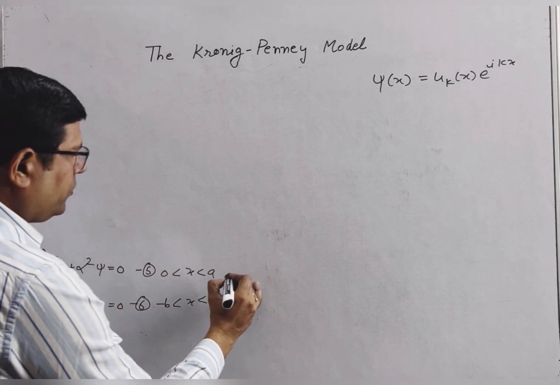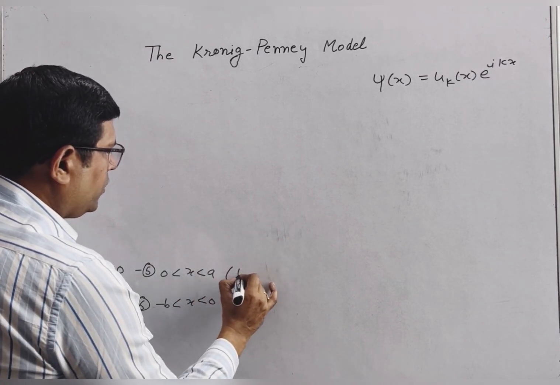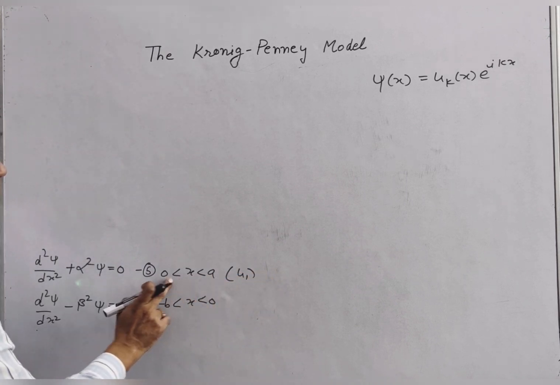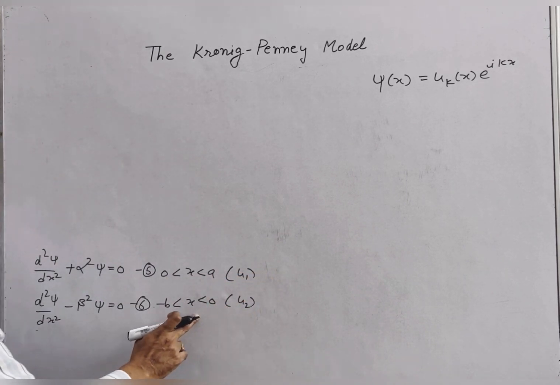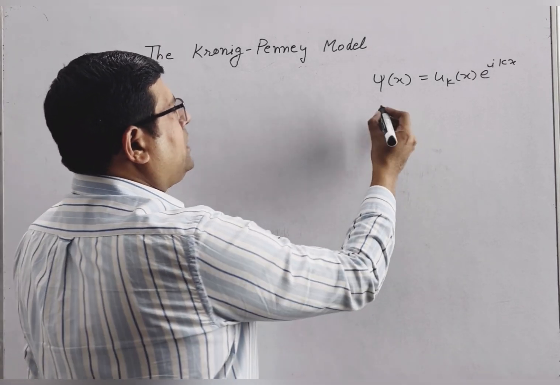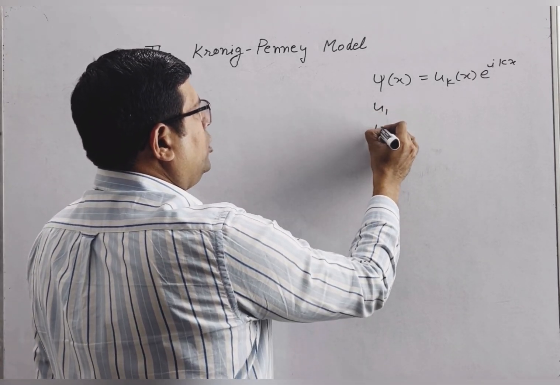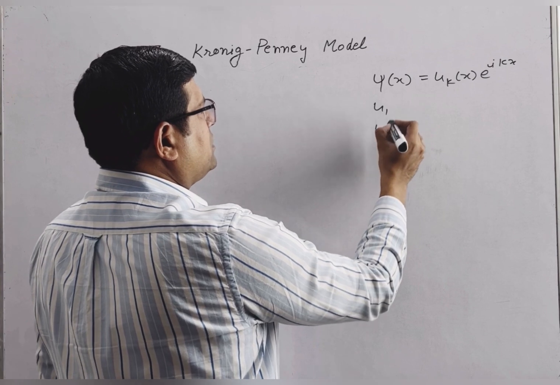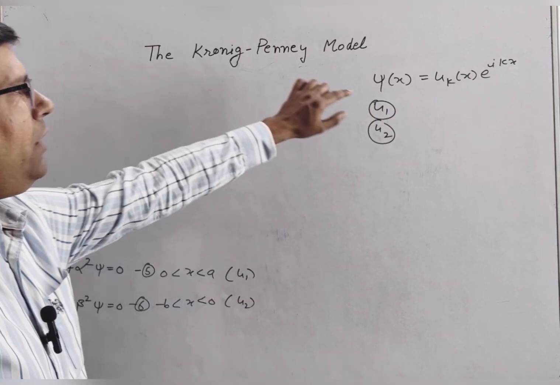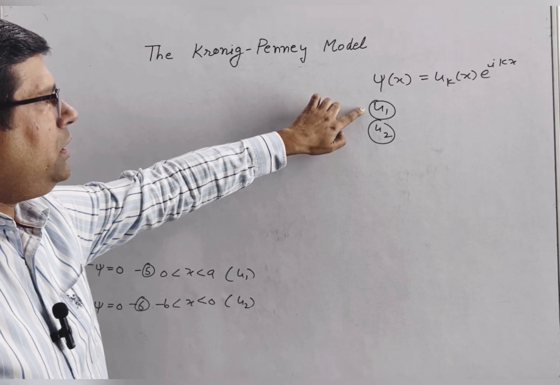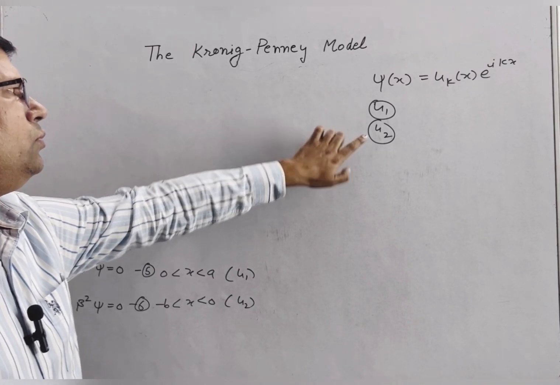So let u1 be the solution for equation 5 and u2 the solution for equation 6. Then we get two differential equations in u1 and u2.